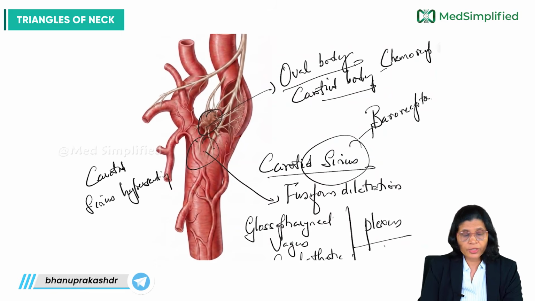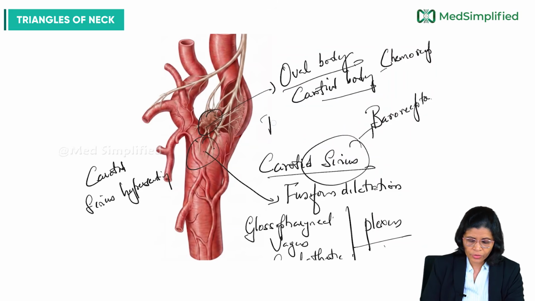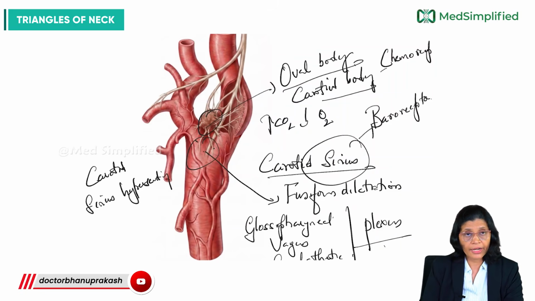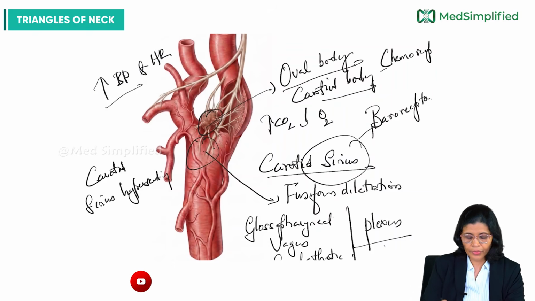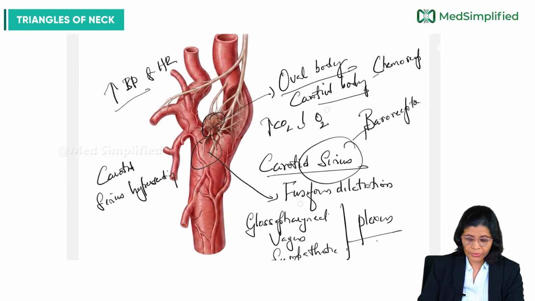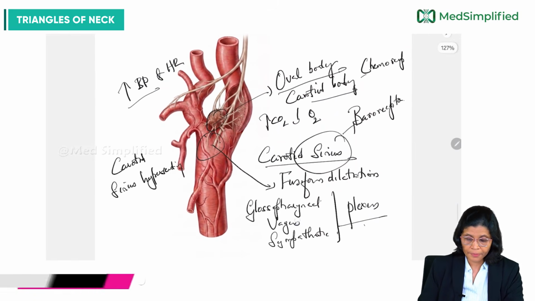Since it's a chemoreceptor, it responds to changes in the oxygen and carbon dioxide content of the blood. Excess carbon dioxide or decreased oxygen tension will stimulate the carotid body, causing an increase in blood pressure and heart rate. So that is about the carotid sinus and the carotid body.